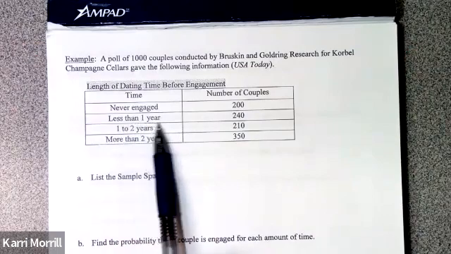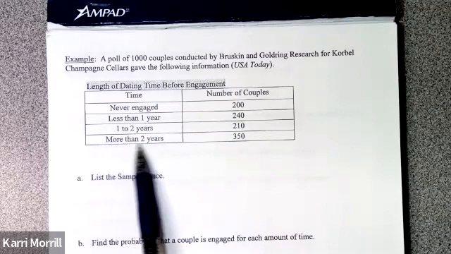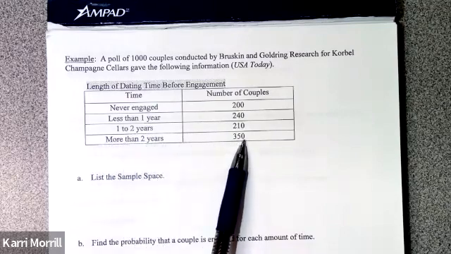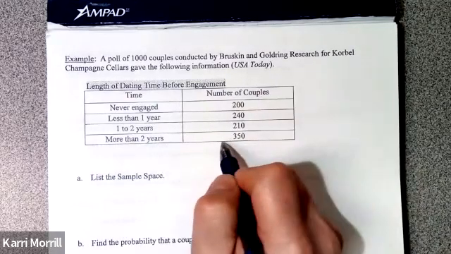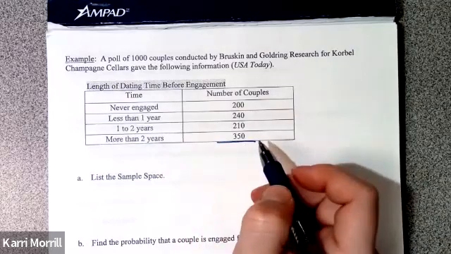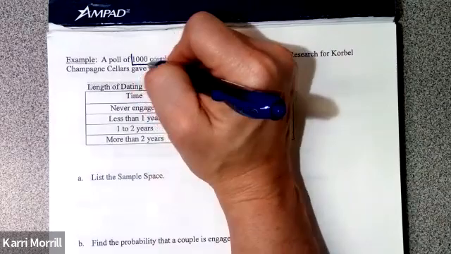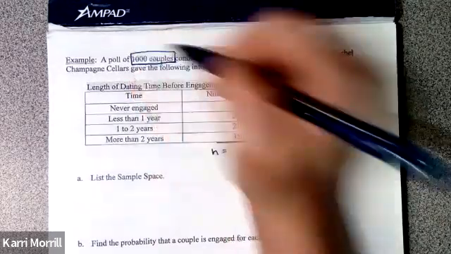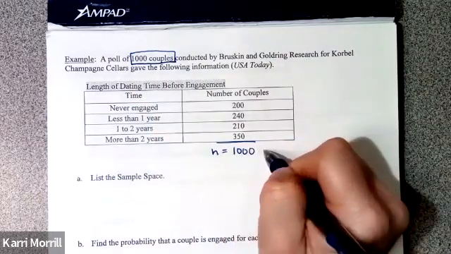These people were engaged less than 1 year, 1 to 2 years, and maybe some people waited more than 2 years after getting engaged before they ever got married, I'm assuming is what this means, length of engagement. So we need to know total couples, which it gave us up here, but if it didn't, the way you would know total couples is you would add all that together, and that would be 1,000.